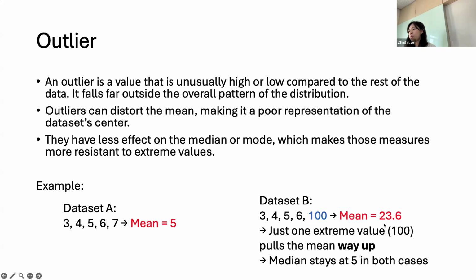Your mean score will go up so high, but your median score is still 5. The median is still 5, but your mean will be moving towards the right side, okay?